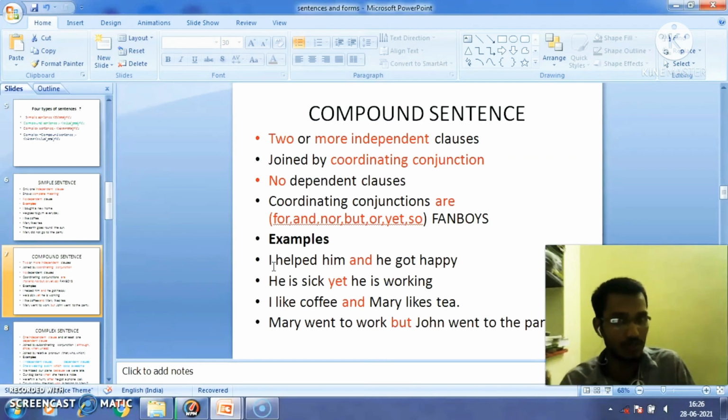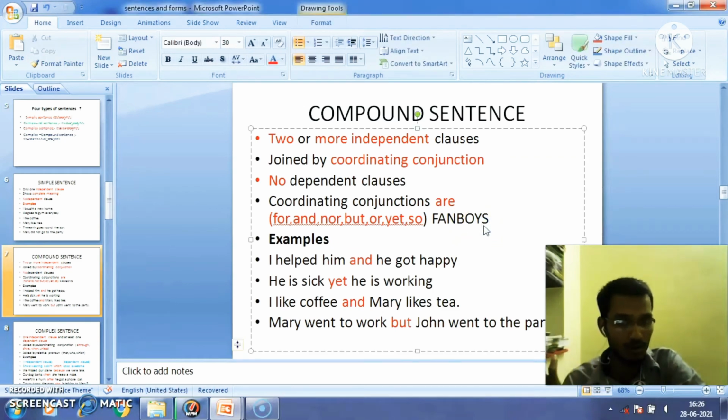To remember these coordinating conjunctions, remember the word FANBOYS. F stands for for, A stands for and, N stands for nor, B stands for but, O stands for or, Y stands for yet, S stands for so. So you have to remember the word FANBOYS.